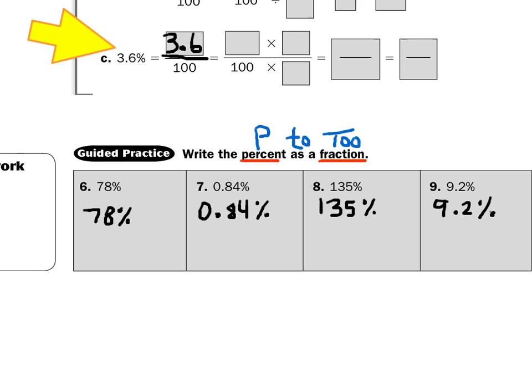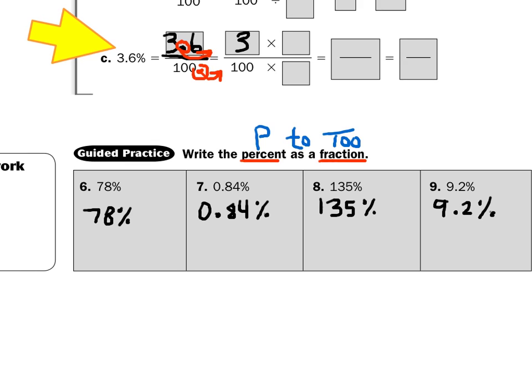Okay, so take a look at C, 3.6%. So put 3.6 per 100. And now remember, grab your red and let's turn that numerator into a whole complete number. So circle the decimal and move it 1 place to the right, and then put that decimal on the 100 and move it 1 place to the right, and then show me the fraction you get.